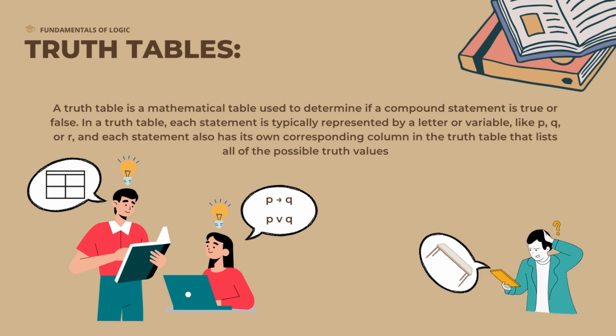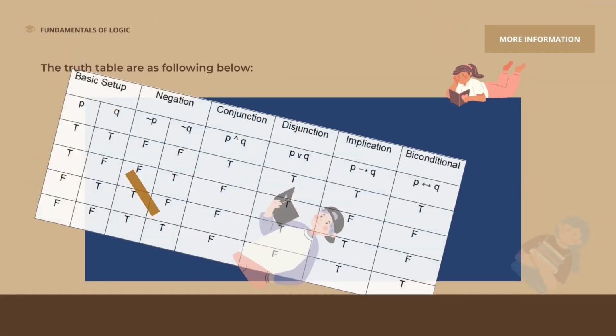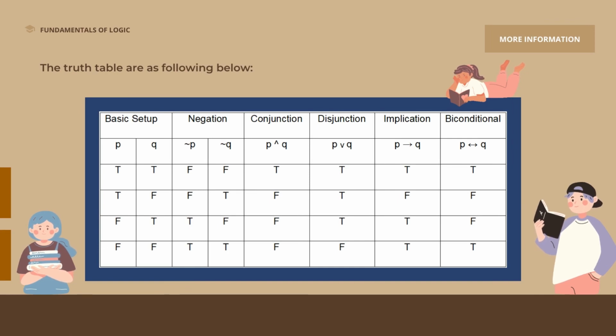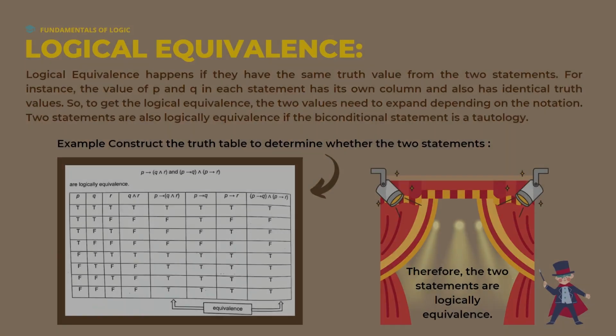The selected variables that have been chosen to represent the statements are called propositional variables. For example, a false statement is called a false proposition, meanwhile a true statement is called a true proposition. This is a truth table with a single statement that is resolved by evaluating each logic connective.